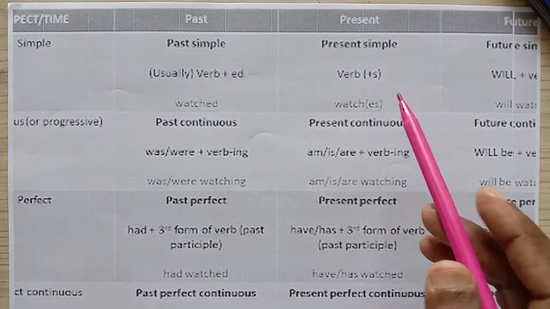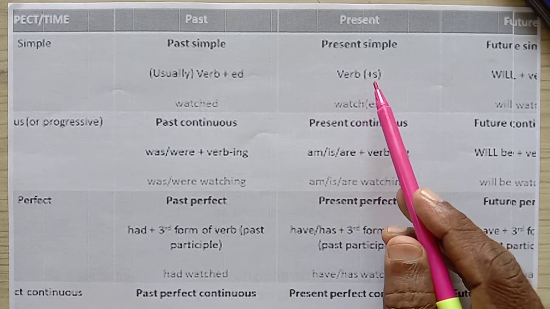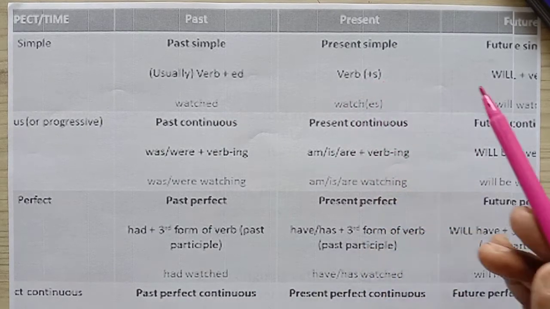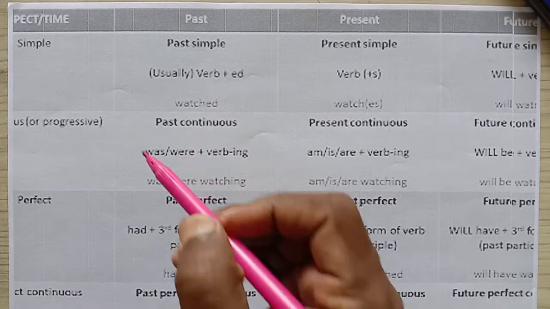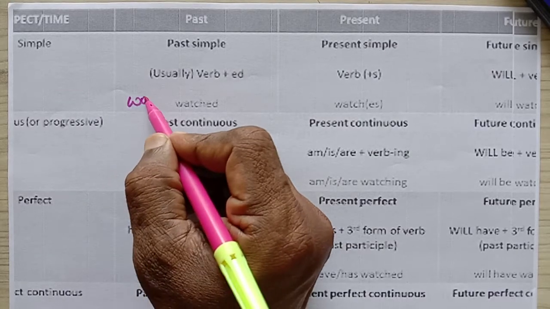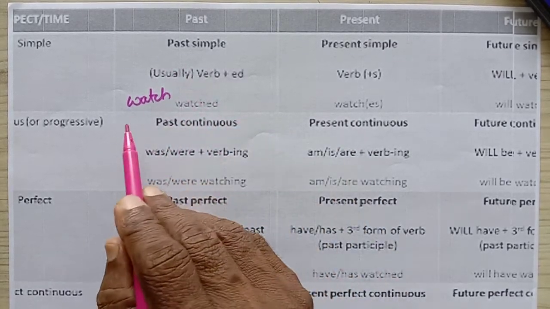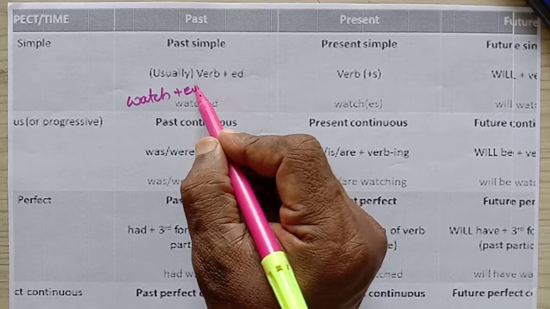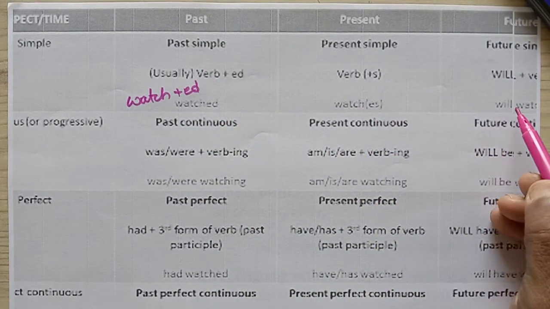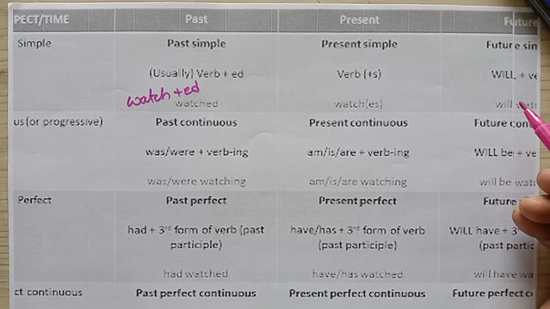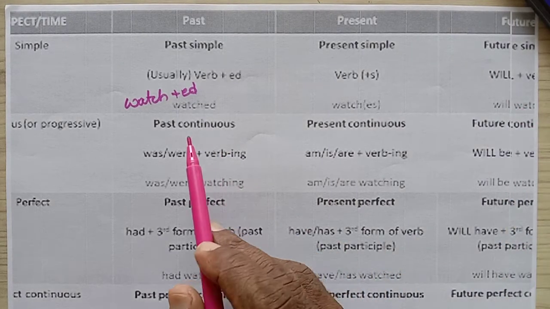Present simple is verb plus s or es, and future simple is will plus v1. Here, watch is the verb: watched, watches and will watch. Students, did you understand this?